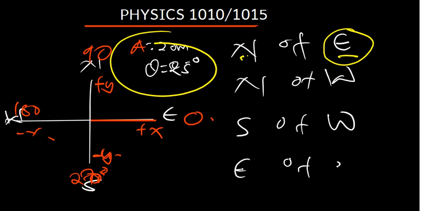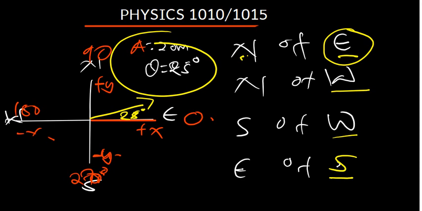So I've got this guy here, meaning this is going to be near east, so here is going to be my 25 degrees. If they say vector A has got 25 degrees north of west, the angle is near west than north. If they say south of west, the angle is near west than south. East of south, the angle is near south than east.